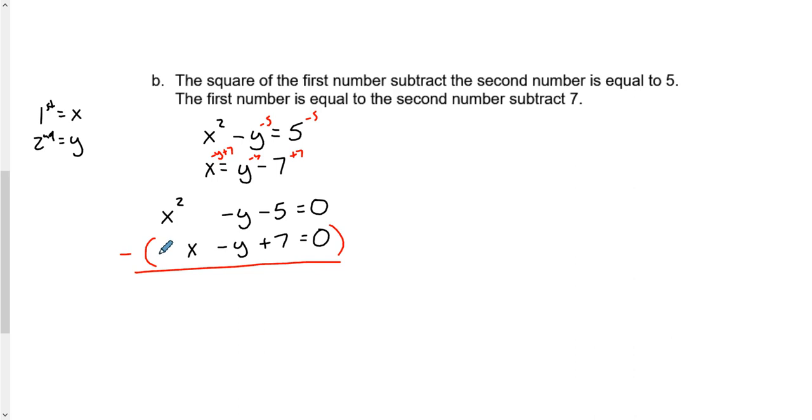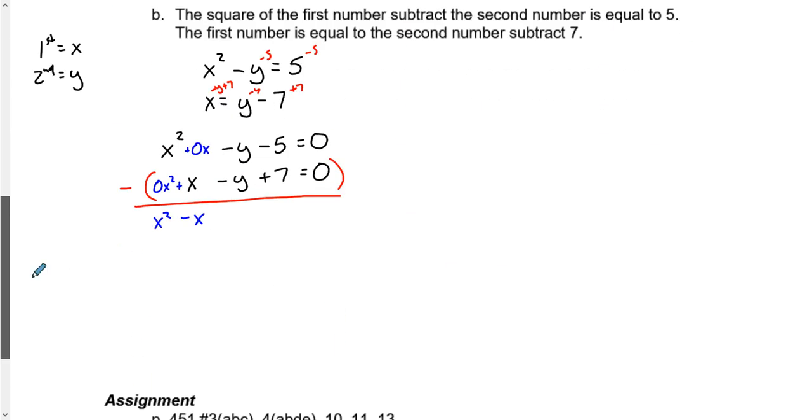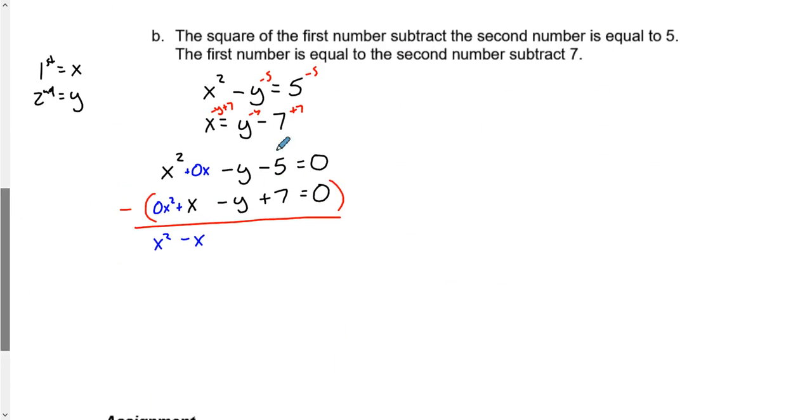X squared subtracting 0 x squareds is x squared. 0 x's subtracting x is a negative x. Negative y subtracting negative y is 0 y. Again, I set this up so that I can eliminate my y's, because for elimination, we want to eliminate our y's. Negative 5 subtracting 7 would be a negative 12.